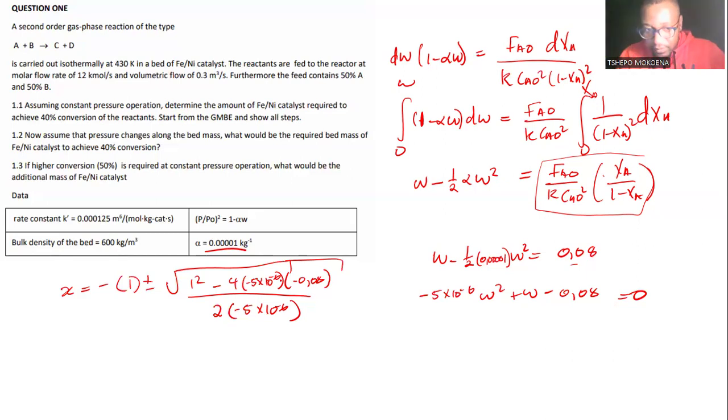Then let's punch this on our calculators. Negative 1 plus the square root of 1 minus 4 times negative 5 times 10 to the power negative 6 times negative 0.08, divided by 2 multiplied by negative 5 times 10 to the power negative 6.